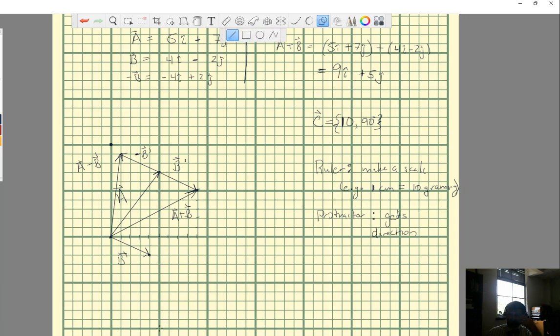So you're given a vector and you're told the first vector is in some particular direction, it has some particular magnitude, so you draw it. Then you start the next one from there, and you make a sort of miniature origin at the location of the end of the other vector.